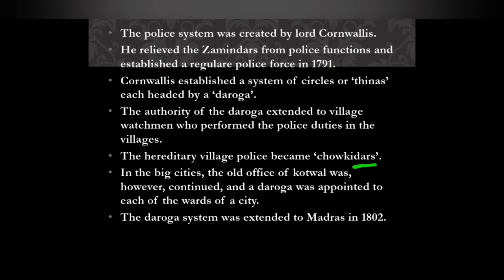In the big cities, the old office of kotwal was, however, continued, and a daroga was appointed to each of the wards of a city. The daroga system was extended to Madras in the year 1802. Before the post of district superintendent of police was created, all the tanas were under the general supervision of the district judge.